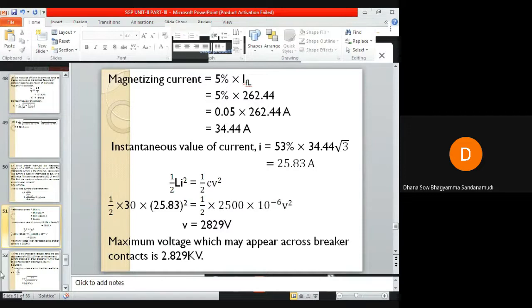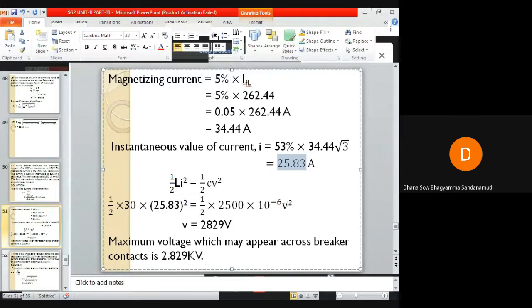So what is the electromagnetic energy? Half L i square, and electrostatic energy is half C V square. You know the L value, and you know the I value, just now determined: the current at which interruption takes place is 25.83. That is equal to 1 by 2, C value you already know, 25,000 into 10 power minus 6, and V value you don't know.